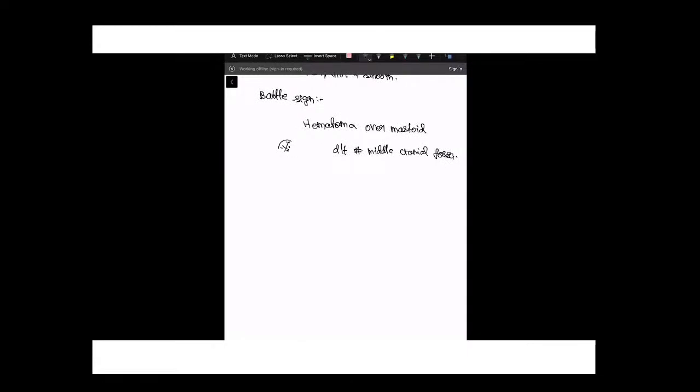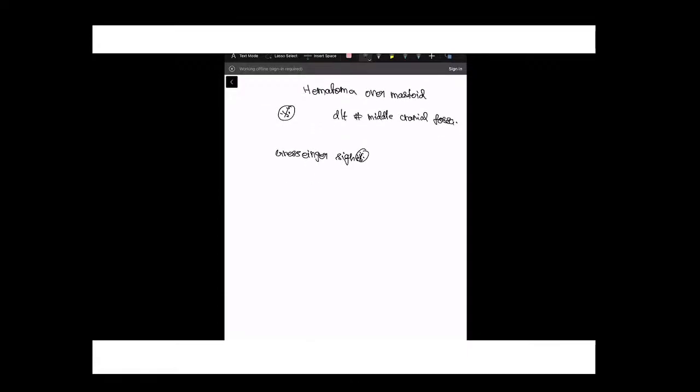This is a very important battle sign, and also Reisinger sign. This sign is also very important. There is pitting edema over the mastoid.